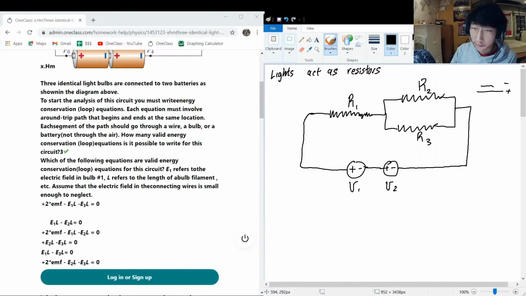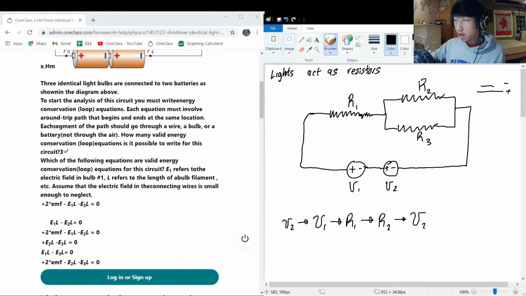So let's say our first loop is the most outside loop. This can be V2 to V1 to R1 to R2 and back to V2, and that'll be one loop. If you draw out loops like this, it can be very clear in terms of what elements you're doing, and it's pretty easy to follow.